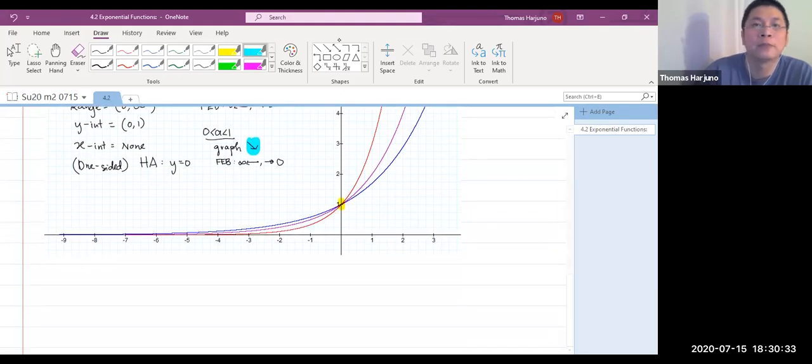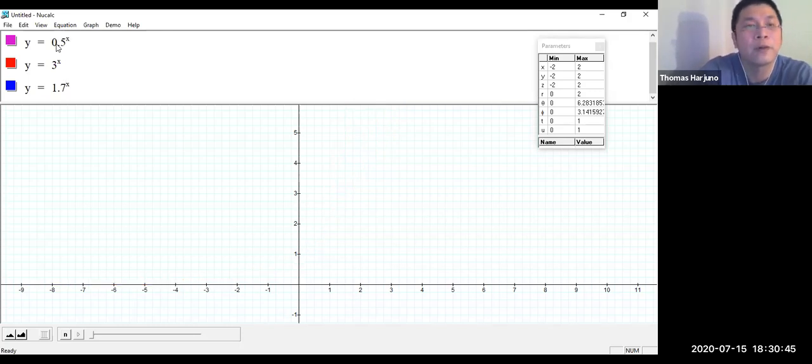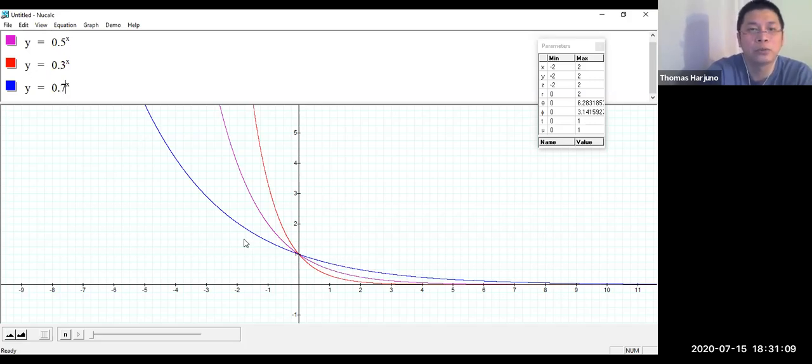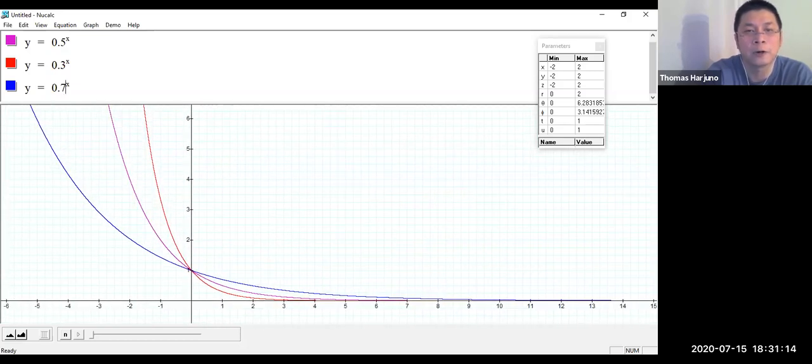Okay, now let's see some more graphs. Let me go back to my graphing. This time, let's use the bases 0.5, 0.3, and 0.7. By doing so, we would be able to observe some important ingredients.